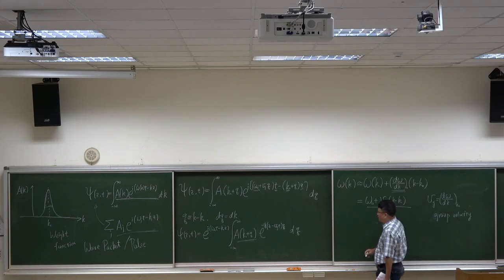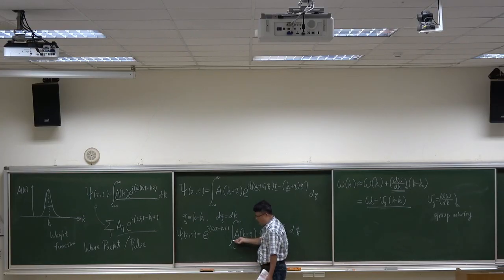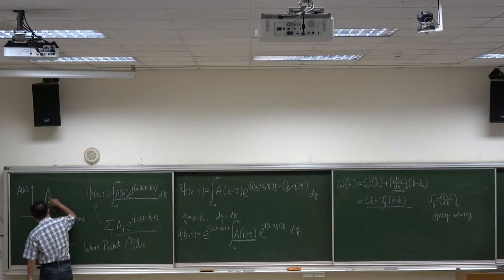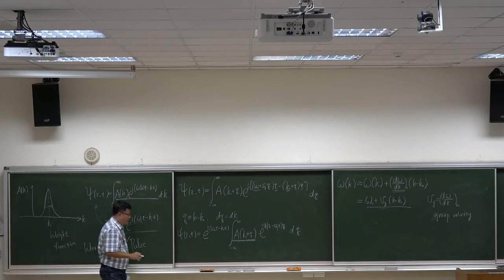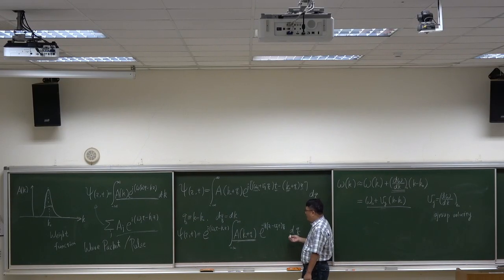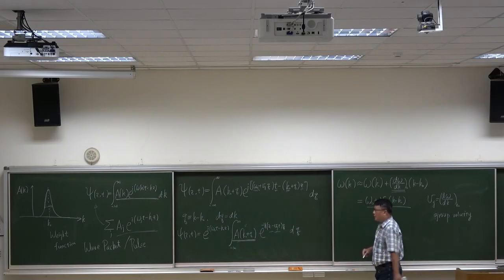So finally, up to now we have not given you the form of this A. However, you know it's a very narrow distribution. After integration, we will have only the information about k naught and z minus d_g t.